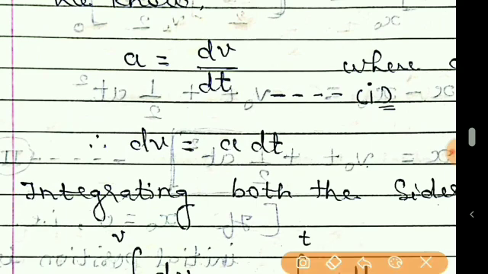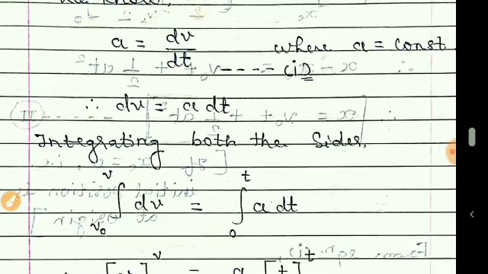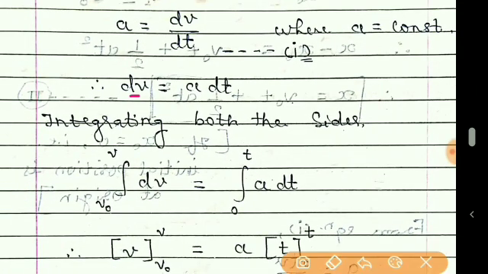Now next step, we have simply made the subject dv. So this dt will be towards the left side, so a into dt. So dv is equal to a dt. Now this is for a very small change in velocity for a very small change in time.